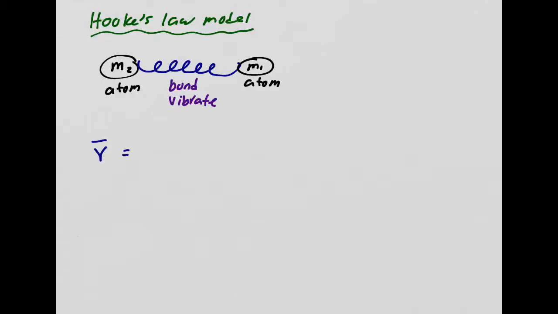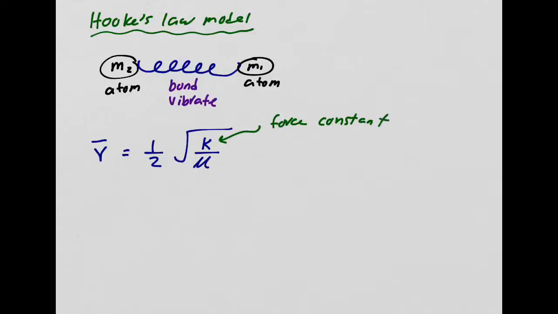So the frequency of the molecule that is vibrating, the rate of going back and forth, think about it like a spring, equals half times square root of K, which is a force constant. Basically, how easily does it go back and forth? Over reduced mass.